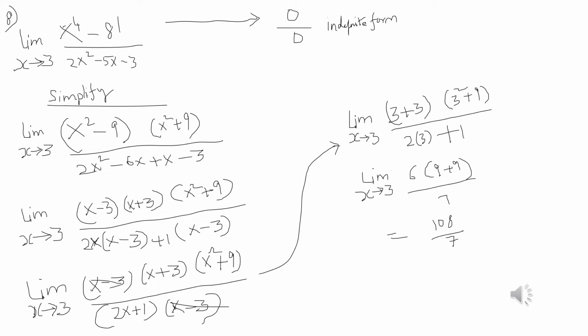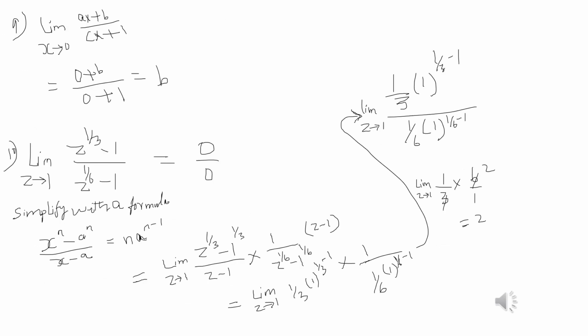So here one thing is very common: we need to simplify the existing functions. Now we go to the 9th question: limit x approaches 0 of the function ax plus b divided by cx plus 1. Here it looks very simple and you can use direct substitution.